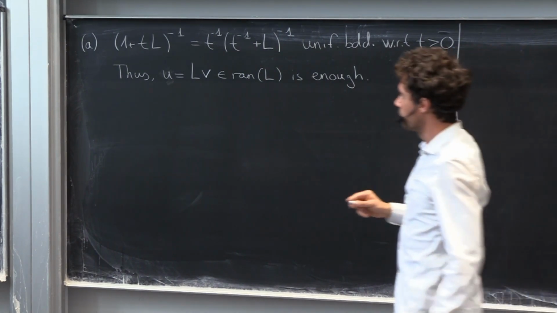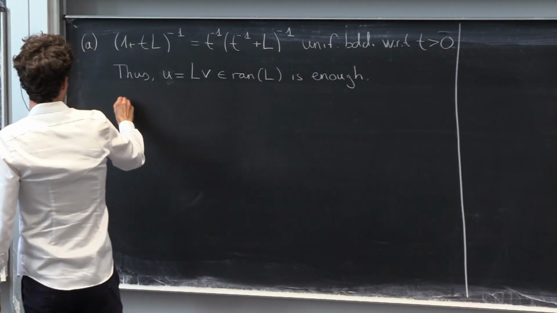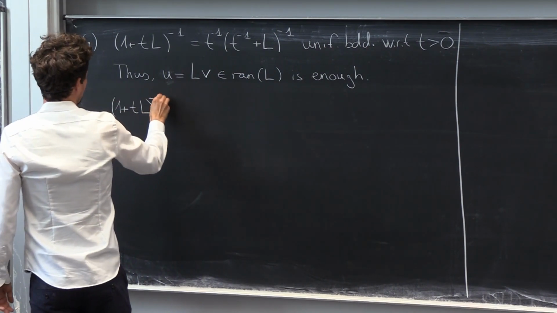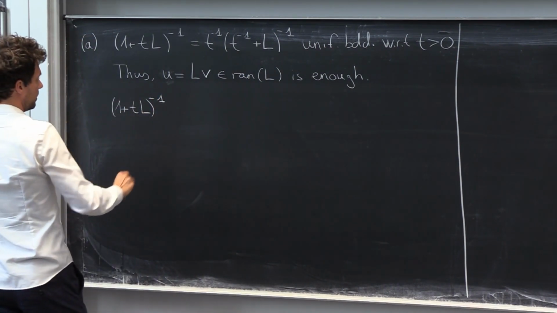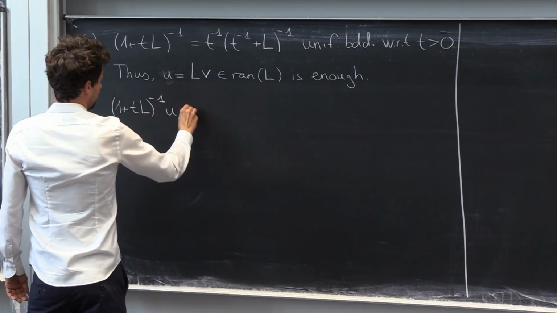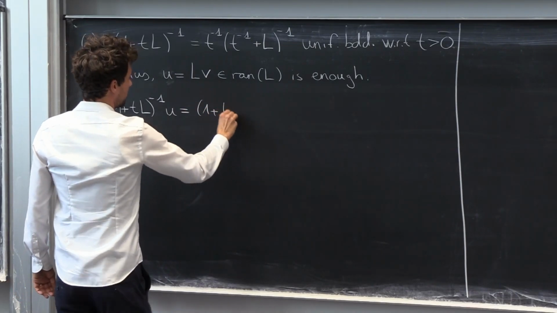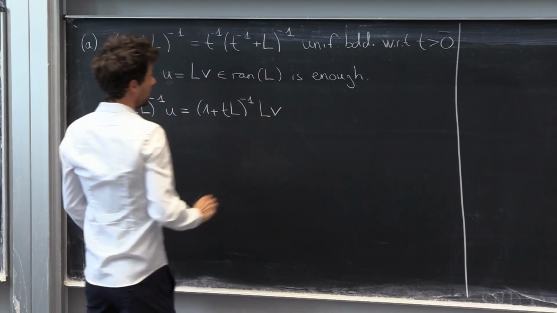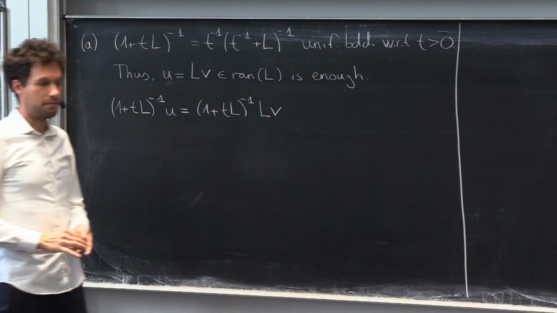Okay. So why is this useful? Let's see. So 1 plus TL to the minus 1 applied to u then is the same as 1 plus TL to the minus 1 applied to L of v.